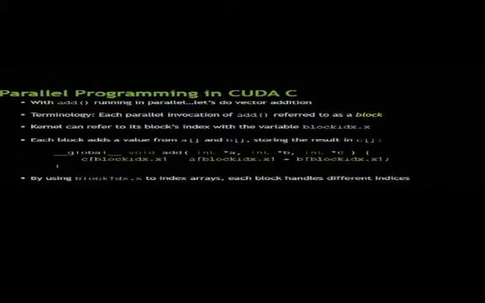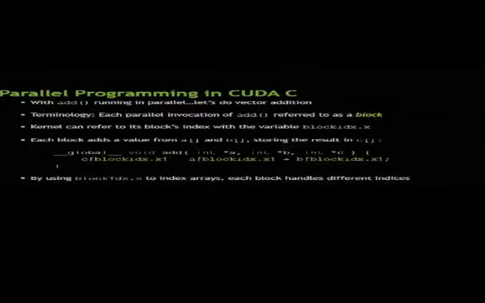Then the kernel refers to the block's index with a variable, blockIdx.x. Now, don't get hung up on this. This is just like a reserved word. When that kernel gets launched, CUDA says, here's what the blockIdx.x value is, and then you can take that and use it in your indexing.